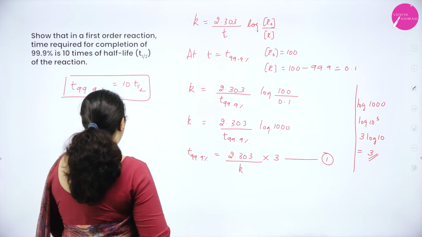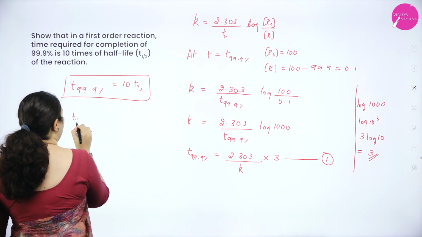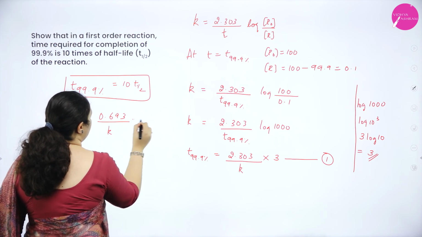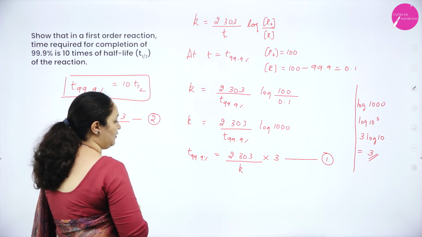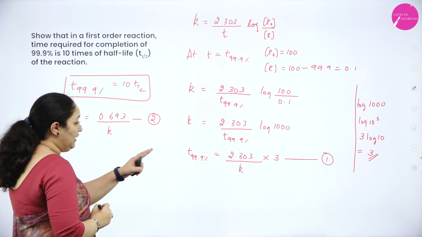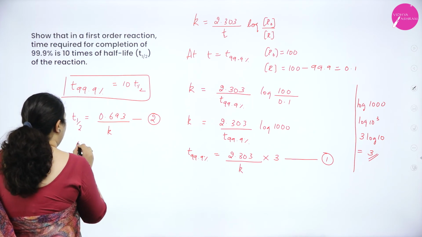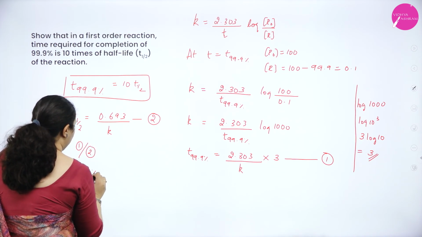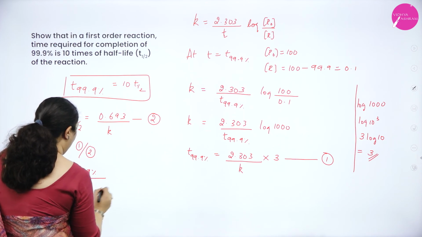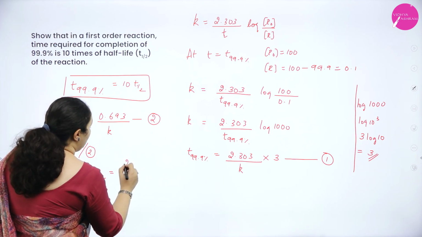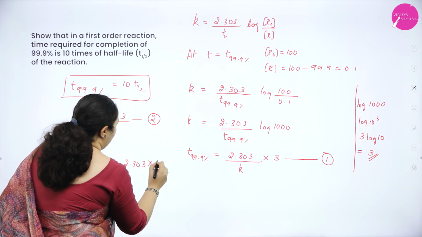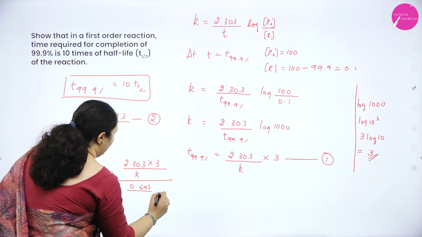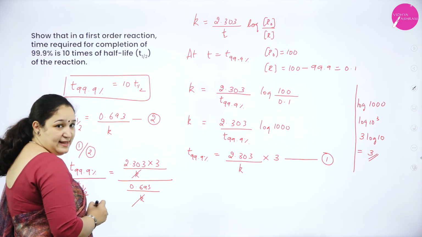Then I need half-life. Half-life, I already know the formula, 0.693 by K. This is my second equation. Now I will take equation 1 divided by equation 2. So T 99.9% divided by T half is equal to 2.303 into 3 by K divided by 0.693 by K. K and K get cancelled.